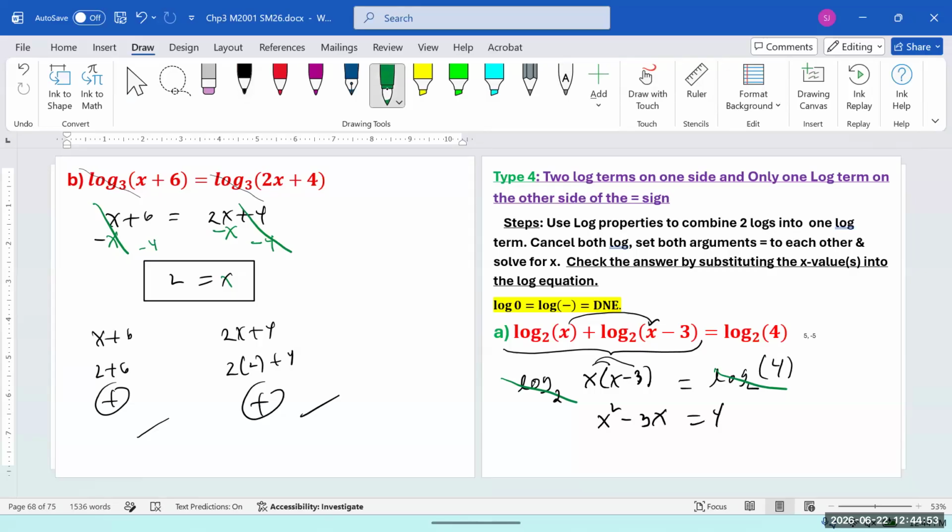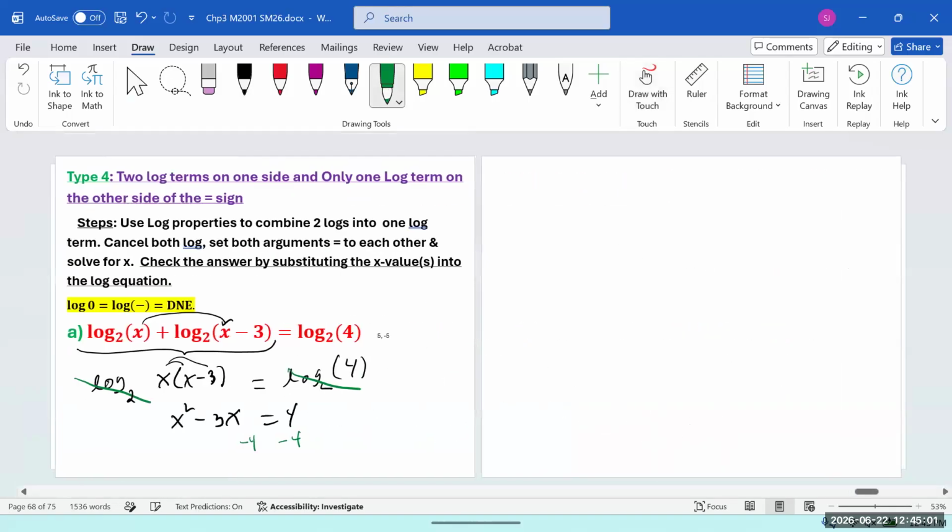So how do you solve a quadratic? First, you have to subtract the 4, and then factor. x squared minus 3x minus 4 equals 0. So is it factorable?